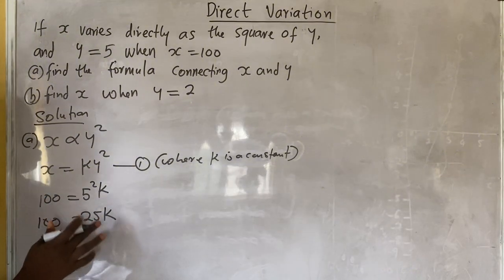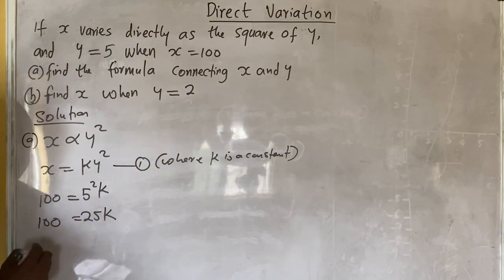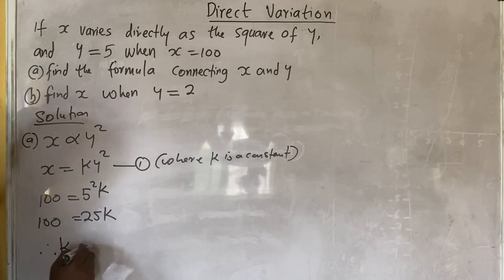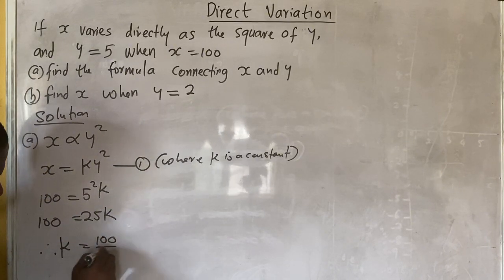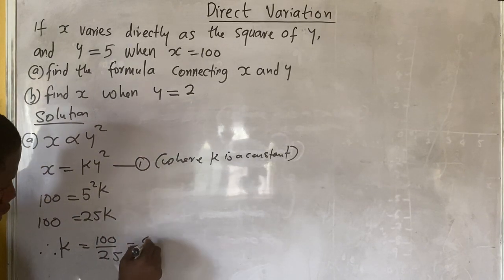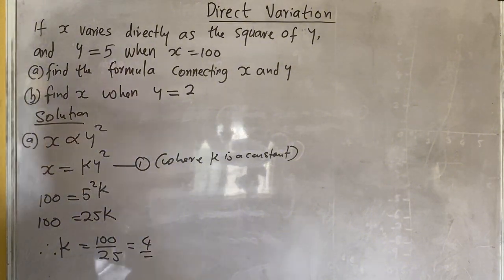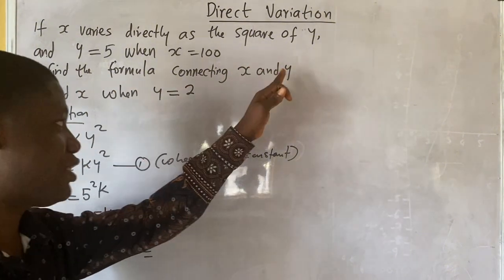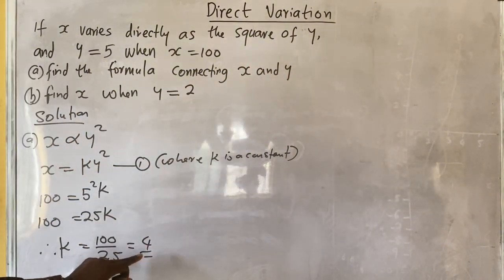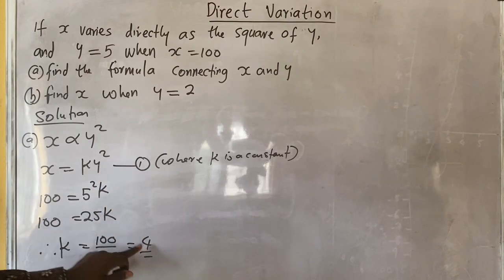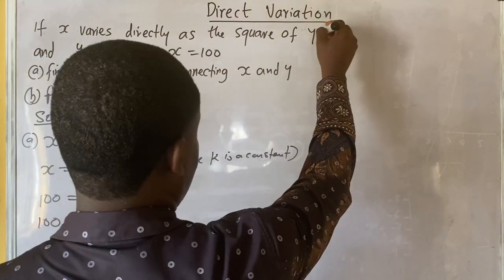Divide both sides by 25 to get our k. So k equals 100 over 25, and this will give us 4. For us to find the formula connecting x and y, we need to replace k with 4 in equation 1.